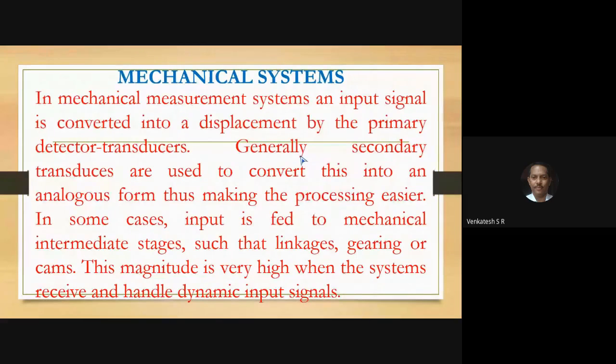So that is the intermediate modifying system: it receives the signal, improves the signal, converts the signal, or amplifies the signal so that it can be fed to the final stage.